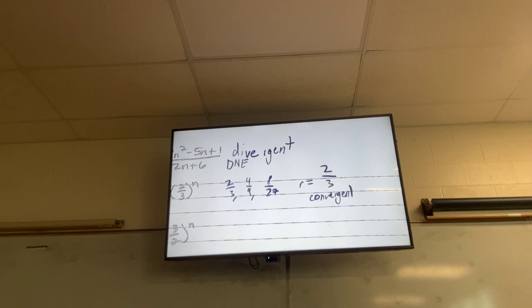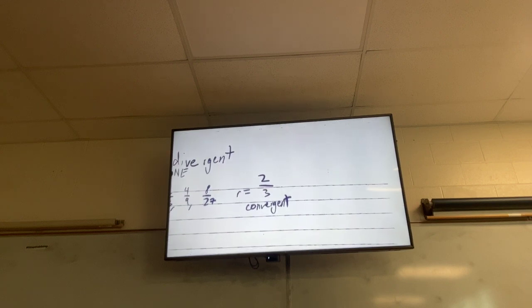Okay, so write this down. This is a little note. In a geometric series, if R is between -1 and 1 exclusive, then it converges.